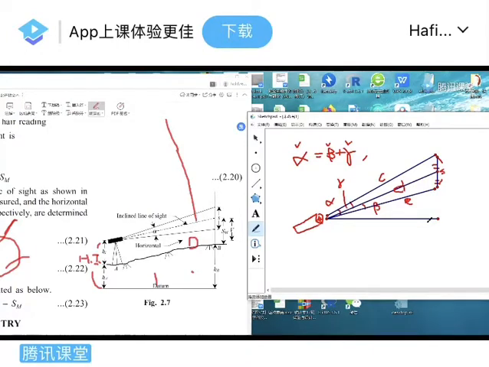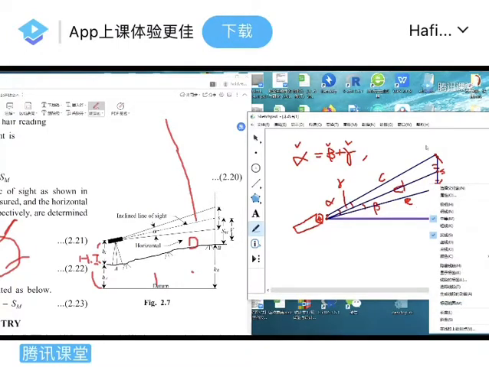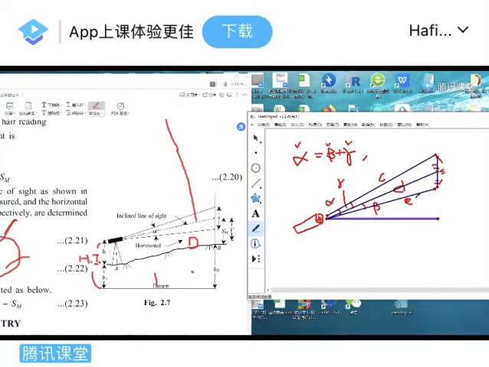Next, we are going to get the relation between c and e. Suppose the length of this one is s/2.